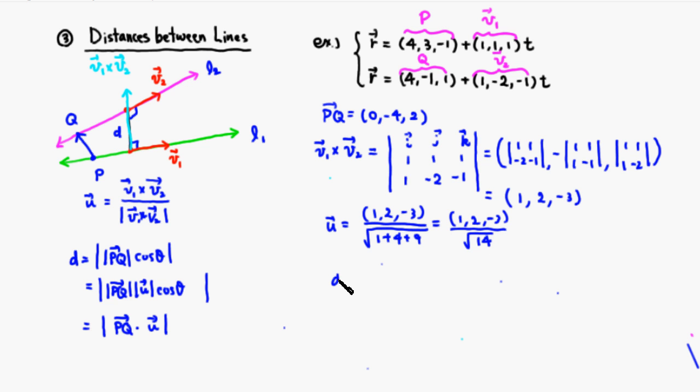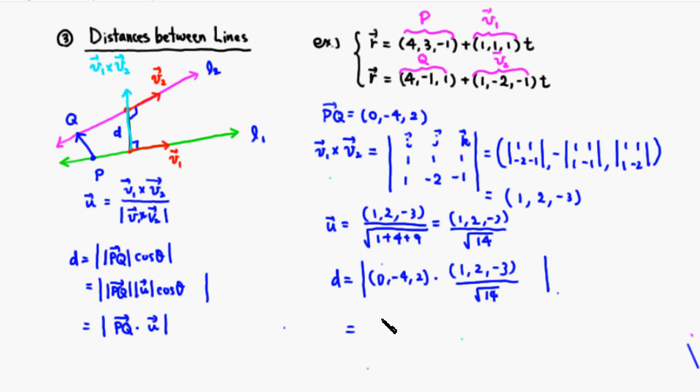So d is the absolute value of PQ, which is (0, negative 4, 2), dotted with u, (1, 2, negative 3) over square root of 14.